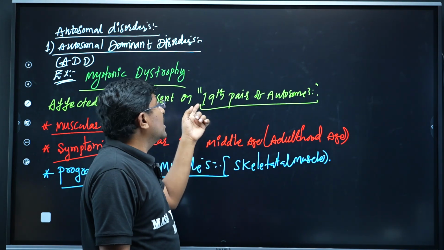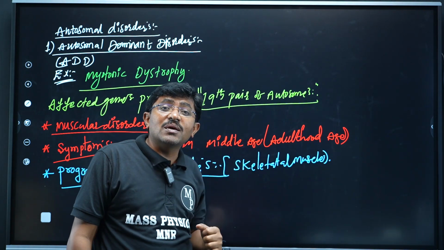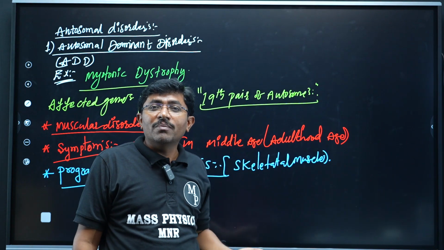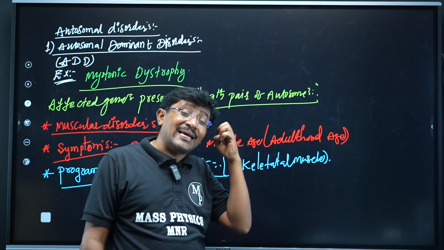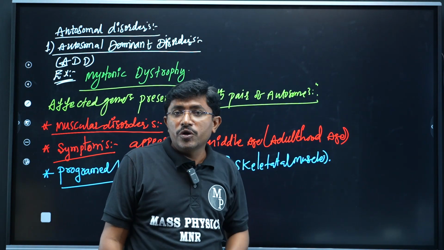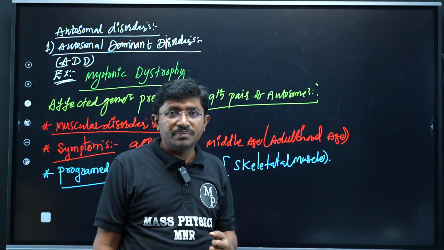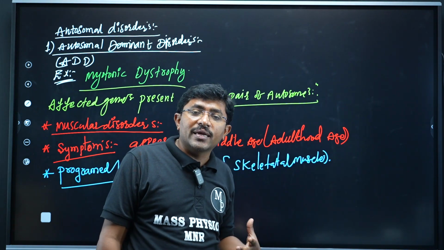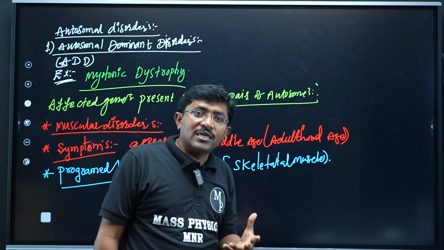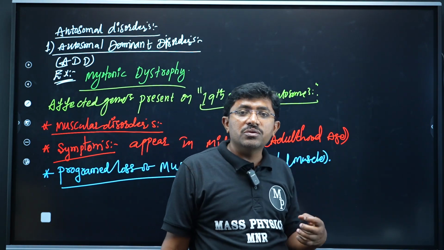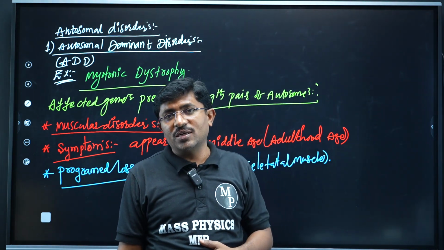Thereby the gene is not synthesizing the muscle protein. Without the muscle protein, the muscle cannot be excited, meaning it cannot respond to signals from the neurons. Then without signals, how can the muscle perform contraction and relaxation? So that's why those muscles go to a paralysis condition.